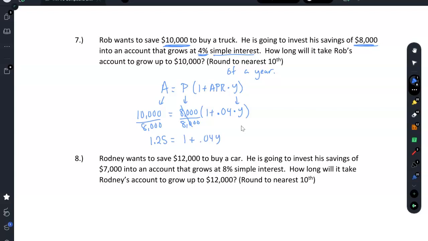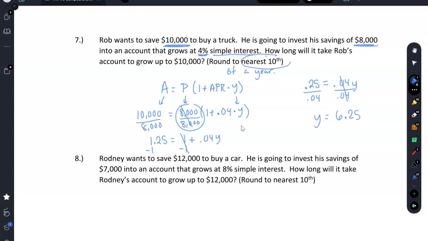Now the parentheses are gone because they're not being multiplied by the 8,000 anymore. So to solve for my y, I'm going to subtract 1 from both sides. It's going to cancel here. That gives me 0.25 equals 0.04y. I'm going to divide by 0.04. So I have 0.25 divided by 0.04, and that gives me 6.25.